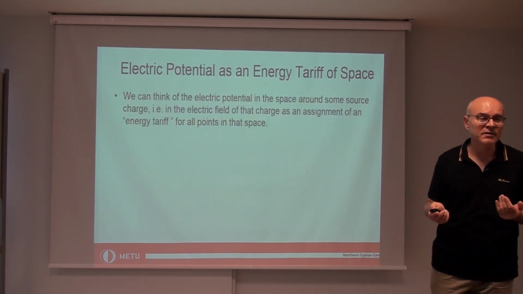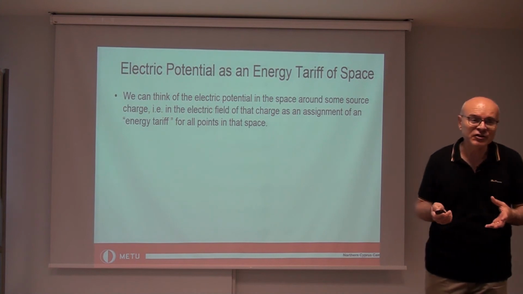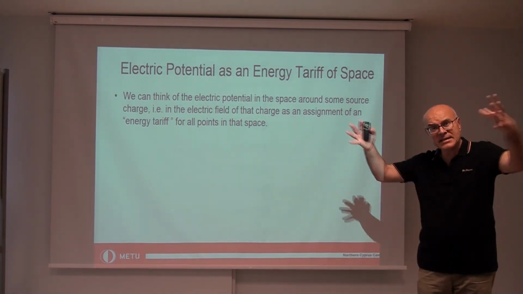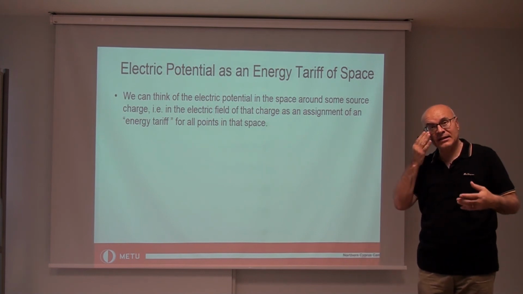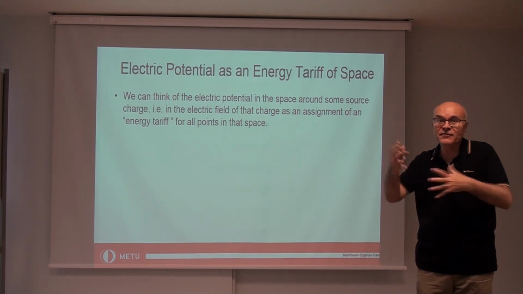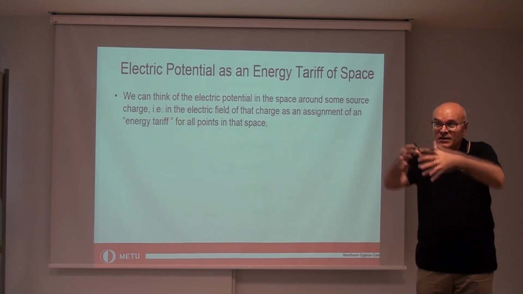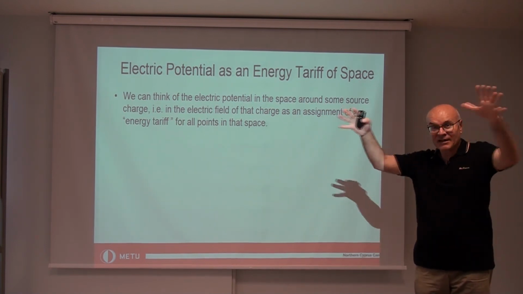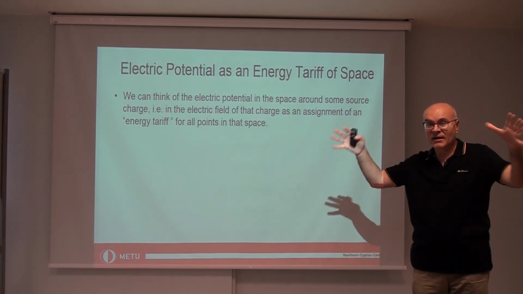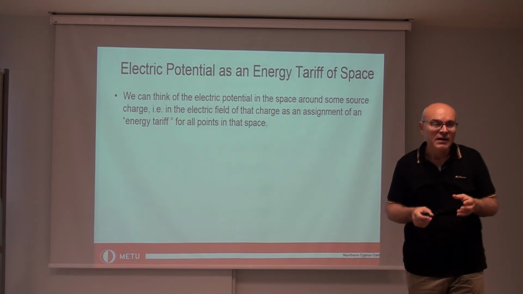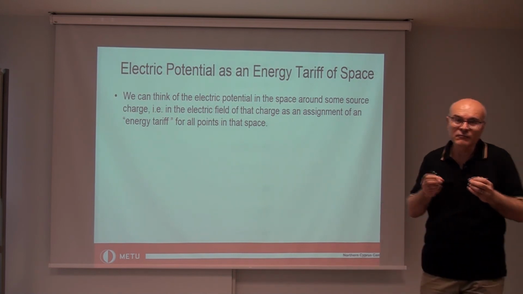What does it mean? If you have some source, then the space around that source has an electric field. So it's different than the field before you put that source. There is something new in the space surrounding that charge distribution, which is what?